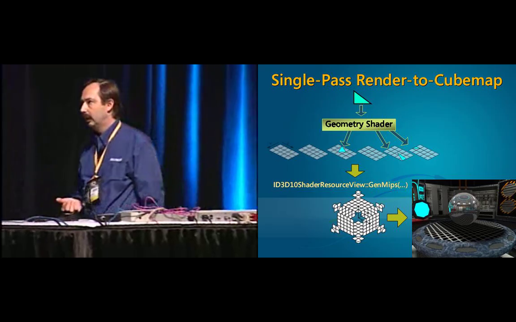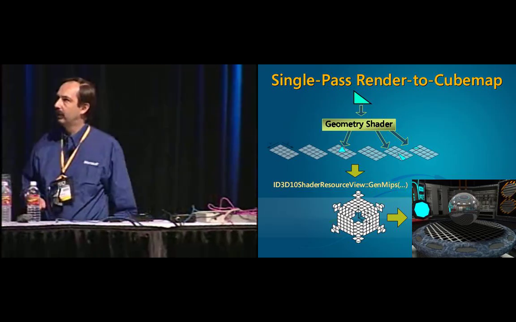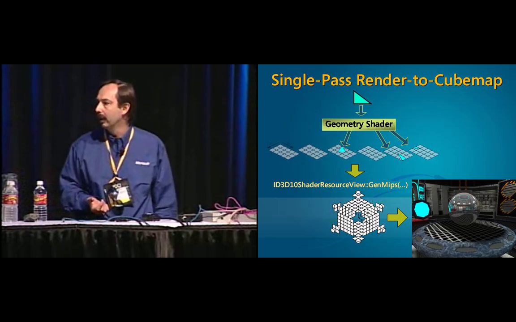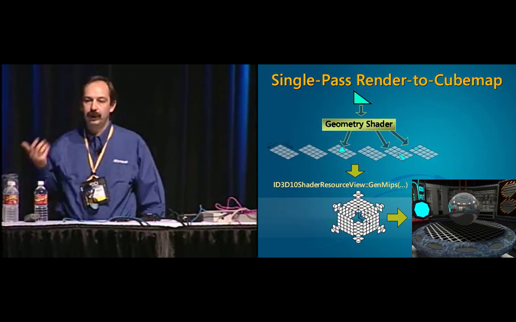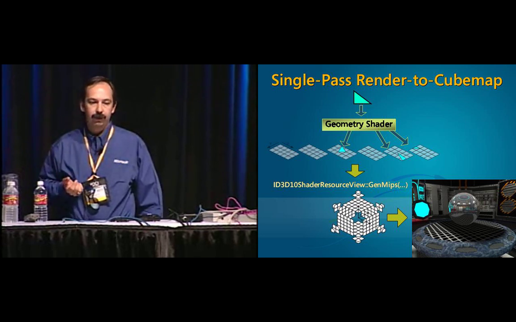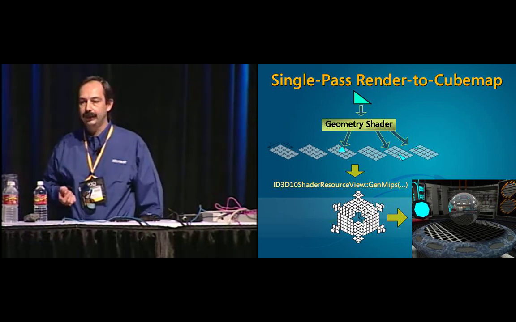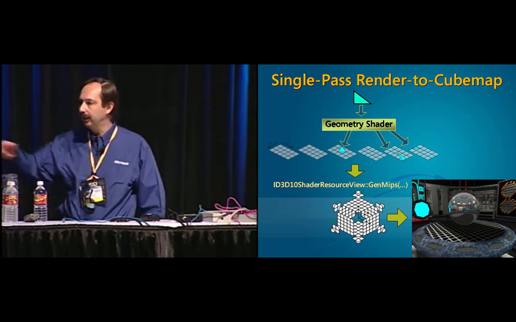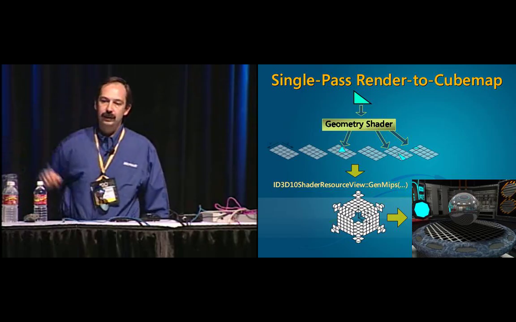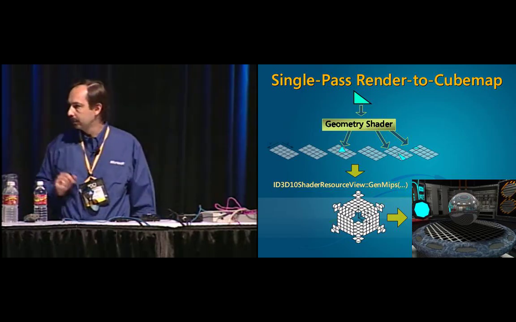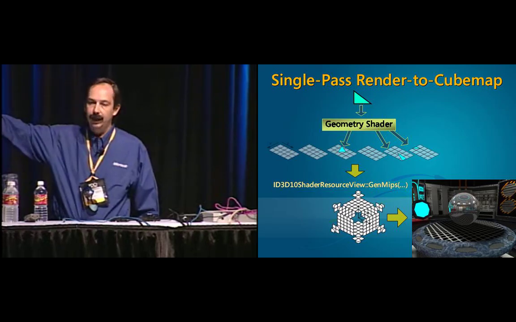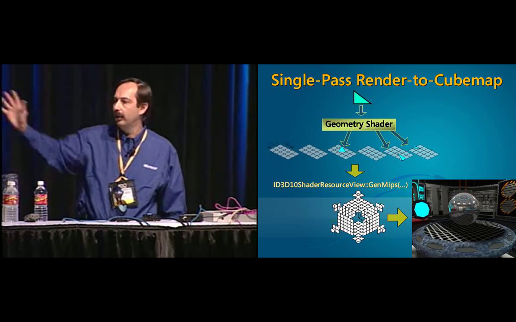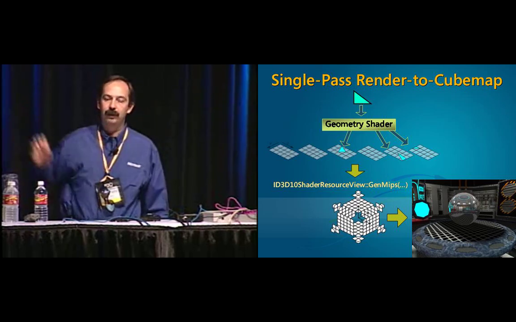One of the examples I'm going to show you is single pass rendering to a cube map. A cube map is typically used to map your environment. If your environment is static, you can pre-calculate it all at the beginning and everybody's happy. Like in this picture below with the spherical ball, if this was all static, it's not a big deal to map that environment from the cube map onto that sphere.